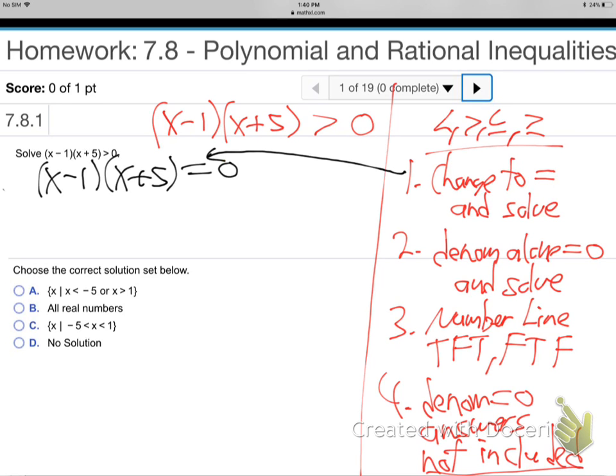All right, step 2, denominator alone equals 0. I don't have a denominator, so I can skip it for now. Some of the other ones in this section will have denominators. Step 3. Oh, wait, I didn't finish step 1. Change to equals and solve. I just changed to equals. I didn't solve.